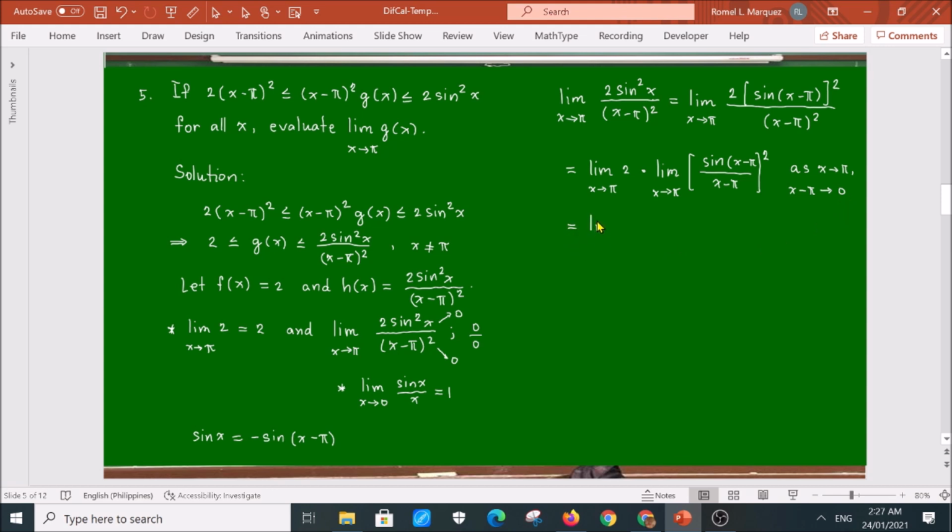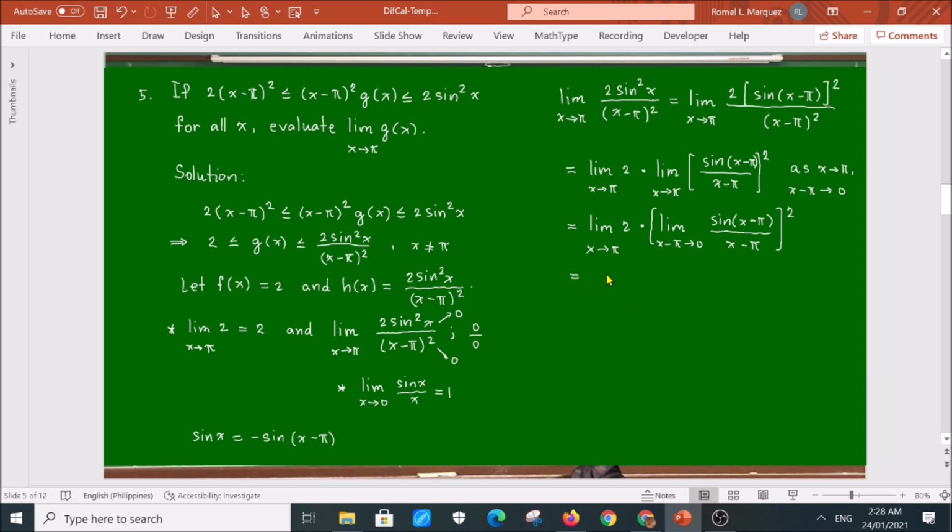Hence, we can write this as the limit of 2 as x approaches pi times the limit as x minus pi approaches 0 of sine of (x minus pi) over (x minus pi), and then we square this limit.